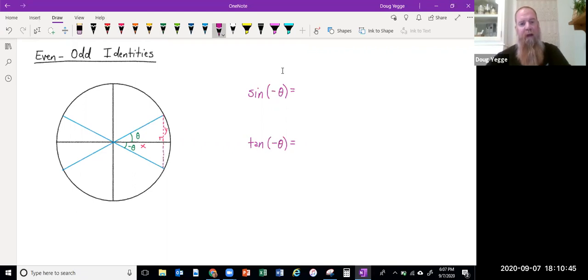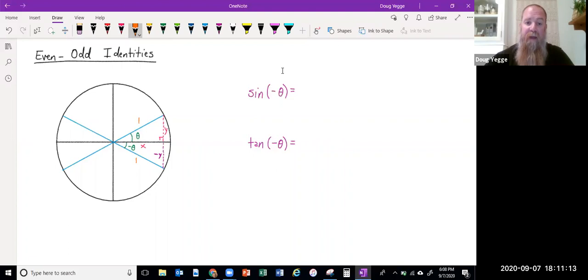We can see that x is still the same, still got the positive x, only now we got to realize that this has gone downwards, so this is a negative y. So if I take a look at sine of theta, both of these obviously have a hypotenuse of 1, so let's just make sure to write that in. So my hypotenuse is 1 because I'm on the unit circle here.